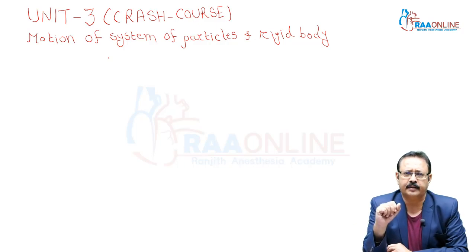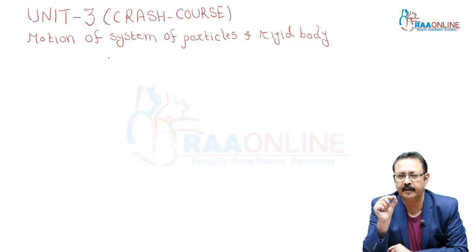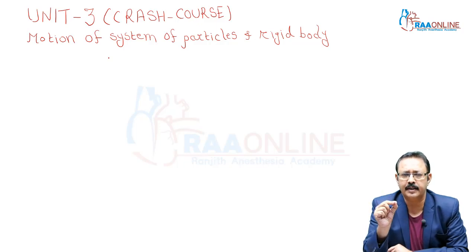We want to check if we have one single particle and by applying that force, it will acquire the same acceleration, means the same type of motion. If it can perform, then that single particle which can replace this whole body is known as center of mass.